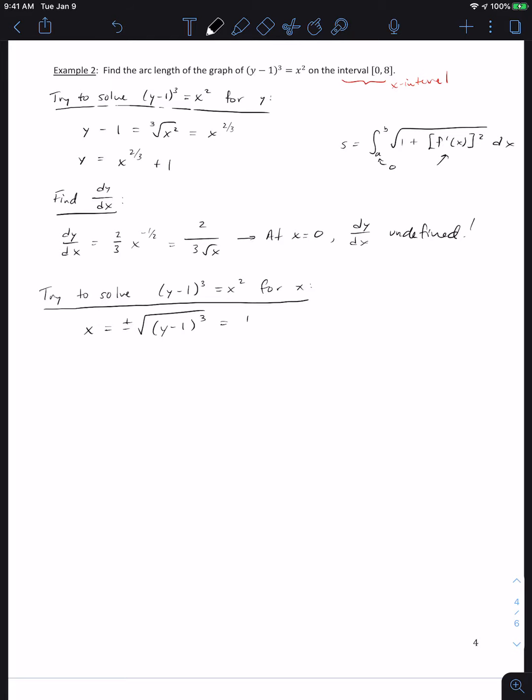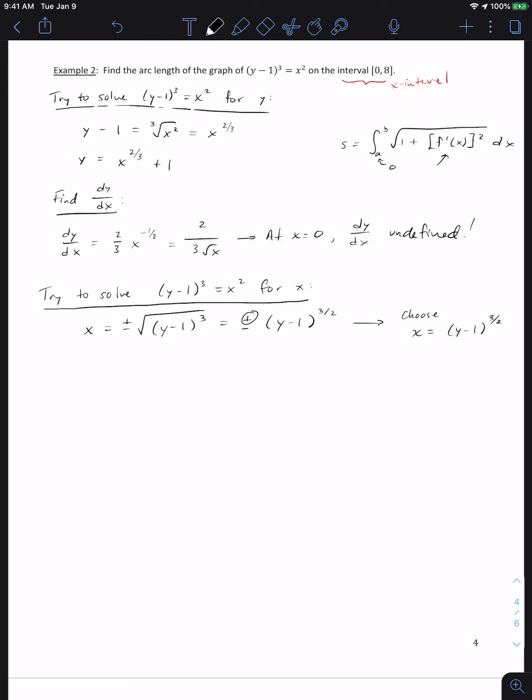So in other words, plus or minus y minus 1 to the 3/2. In this case, I did it right because the root is on the bottom. So we're going to choose the positive one, y minus 1 to the 3/2, right? We get that plus or minus, but we really only need the positive.